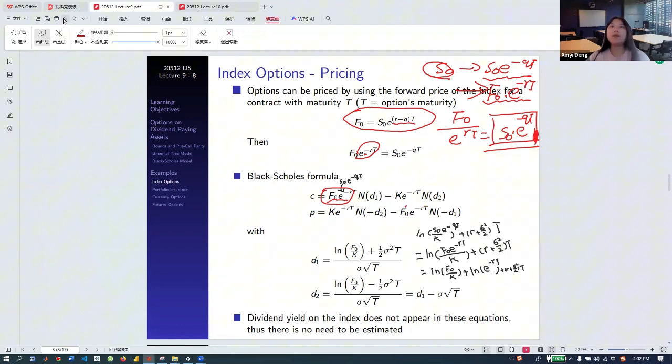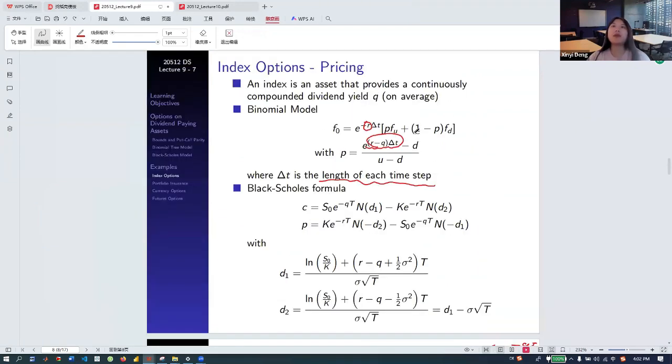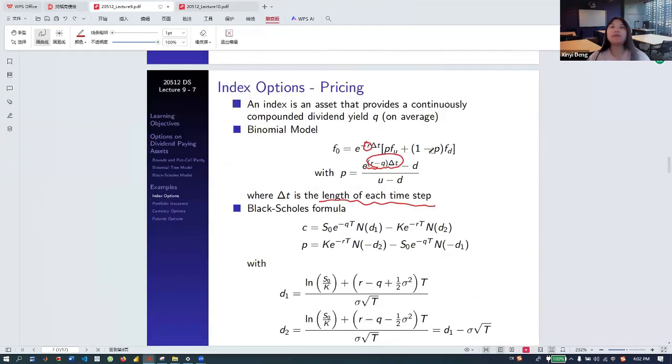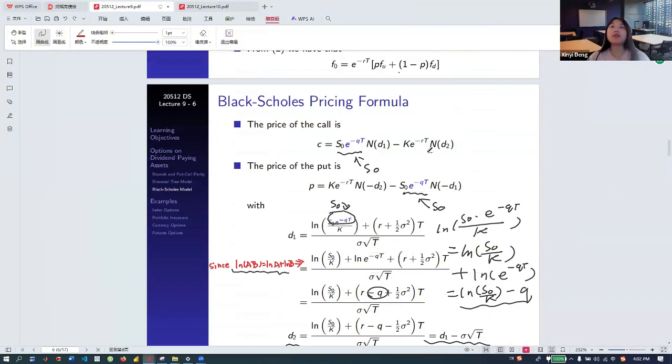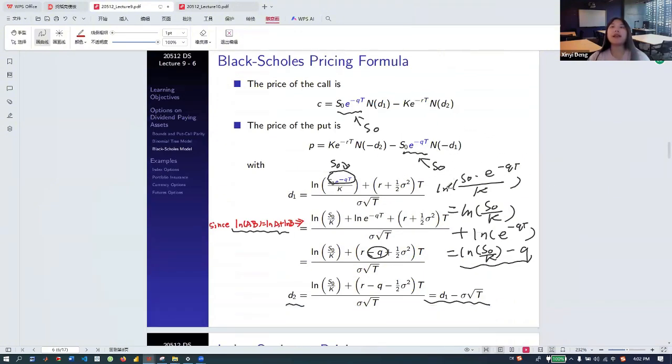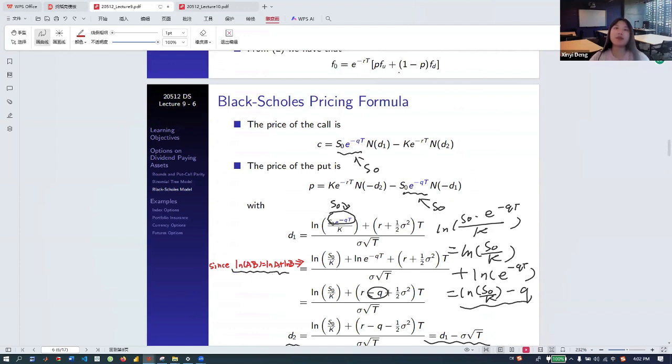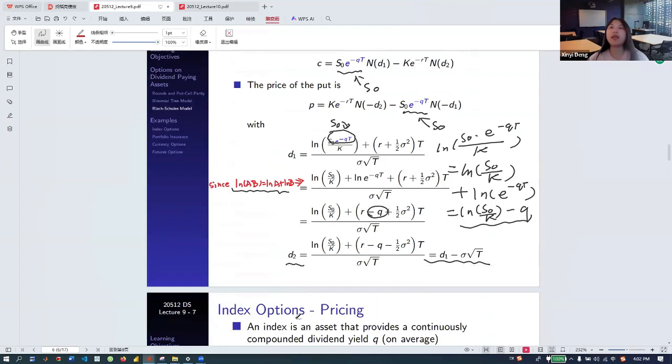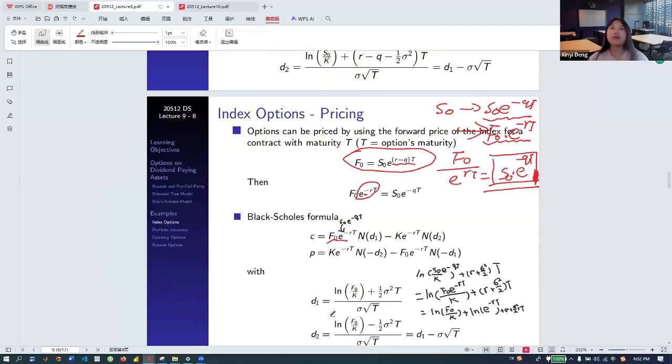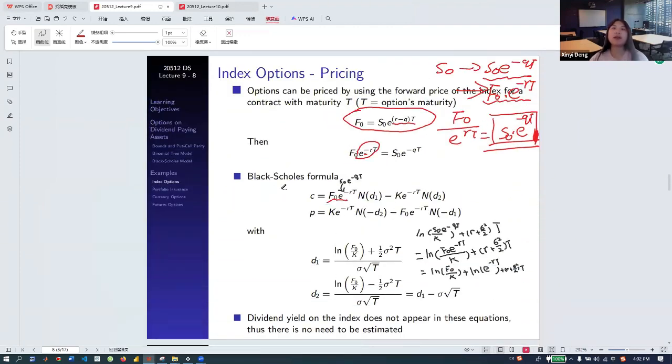Now we can also apply the trick we did with the original version for continuous dividend paying underlying assets. So we apply this trick, ln AB is equal to ln A plus ln B. Let's apply that trick to this formula as well.